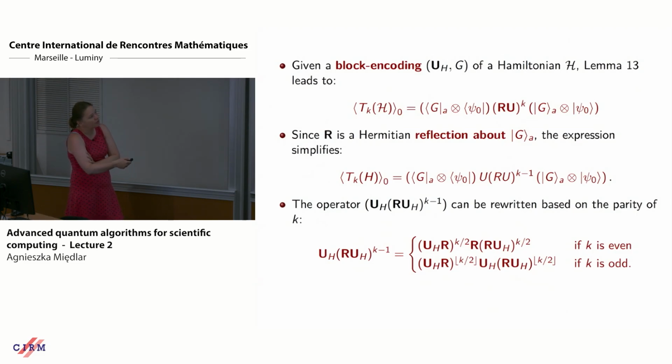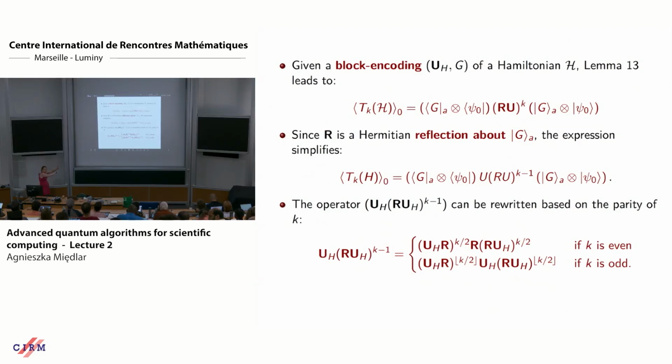This whole operator actually can be used depending on the parity. So this is really a construction for this particular Hamiltonian. How you can construct this object when K is even or K is odd. Remember, K is the index of the Chebyshev polynomial.